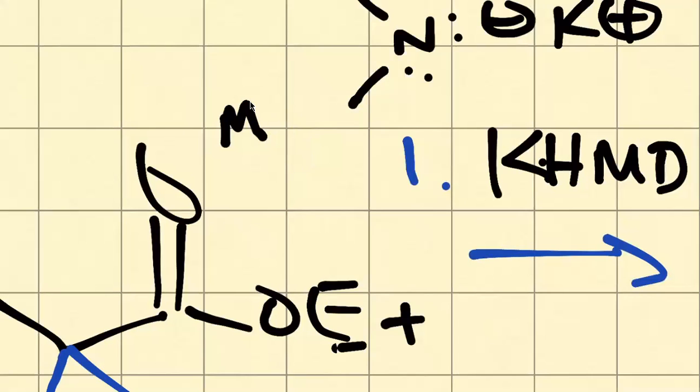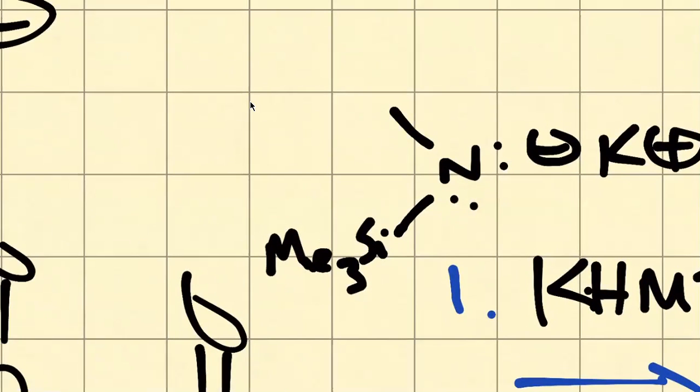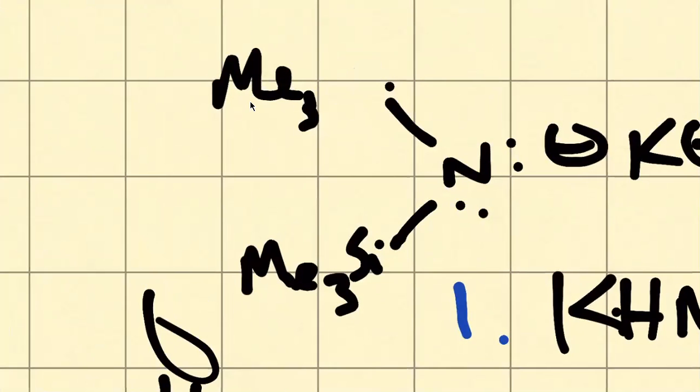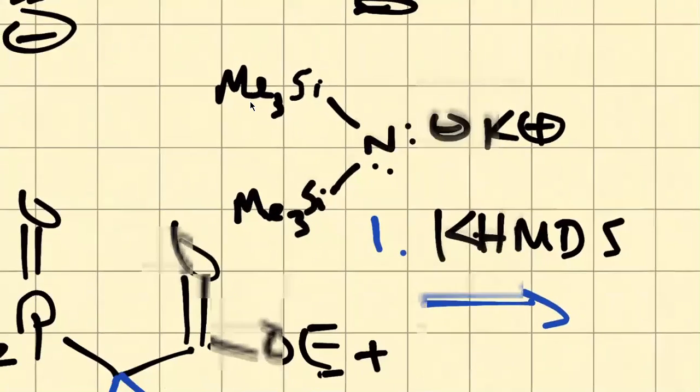It's potassium hexamethyldisilazide. That's what the KHMDS is.